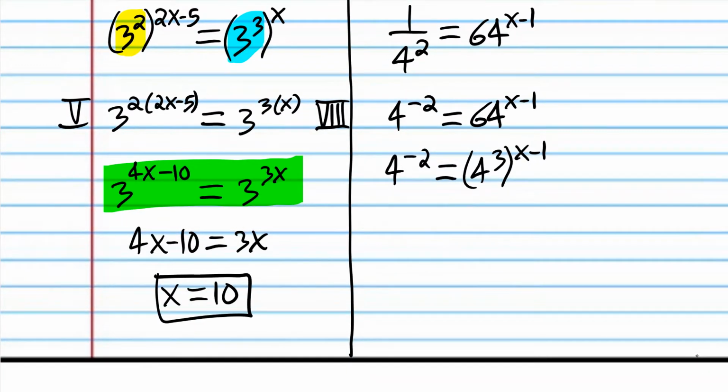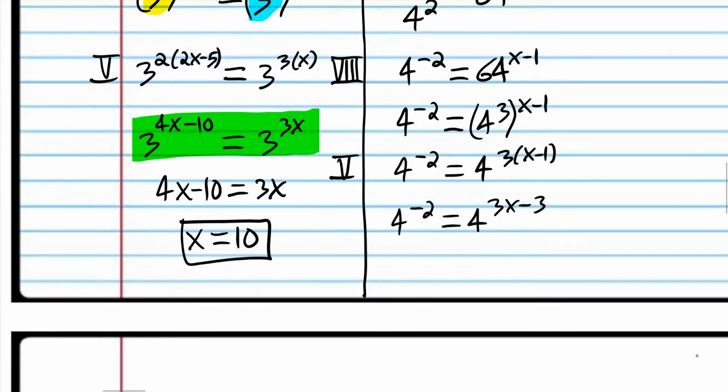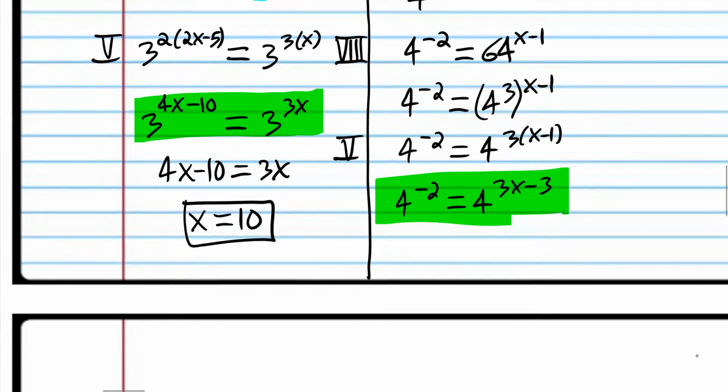And then we're going to use rule number 5 to multiply those exponents. And we have 4 to the 3x minus 3. And now we're at the critical step. We can get rid of the bases, and we have negative 2 is equal to 3x minus 3.